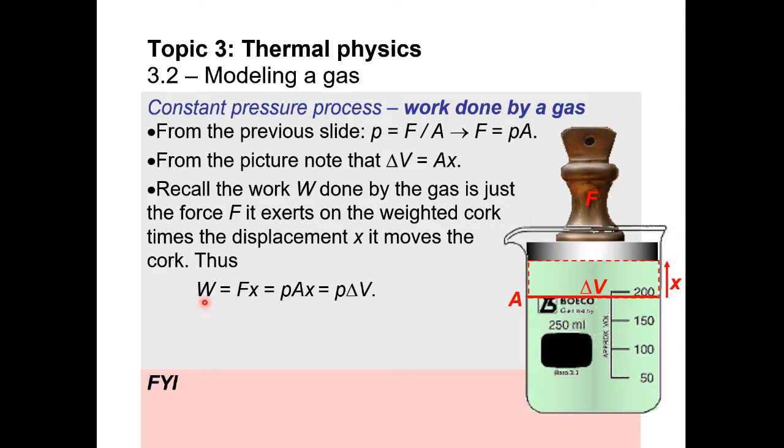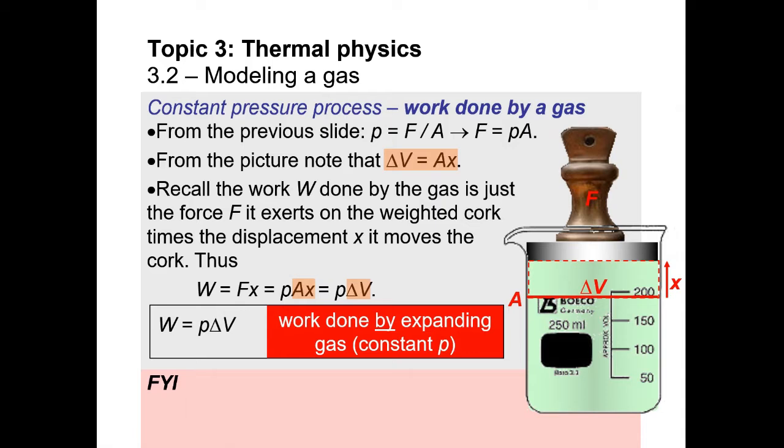Work done by the gas is just the force it exerts on the weighted cork times the displacement, x, it moves the cork. And the force equals pressure times area. Then we can rearrange: area times the displacement is the change in volume. Now we have the new equation.